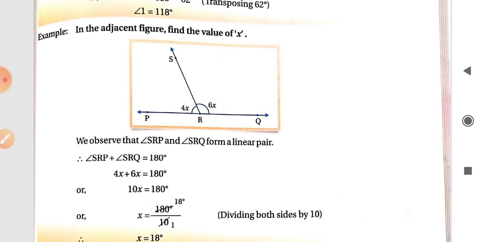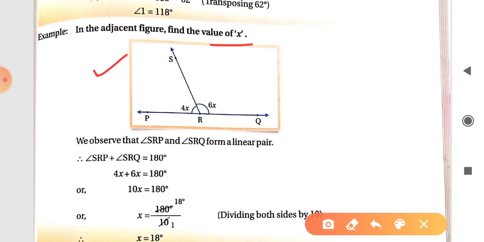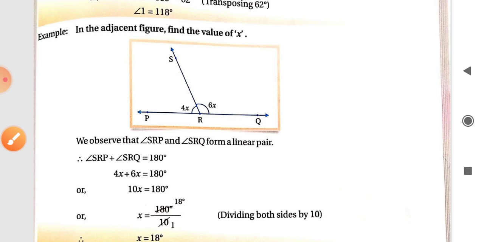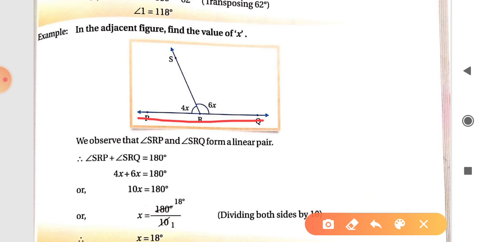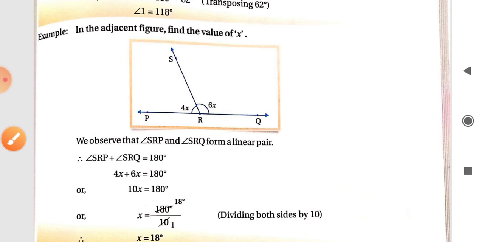There is one more example. In the adjacent figure, find the value of x. In the figure we can see that angle PRS and angle SRQ are adjacent angles, and they are forming a linear pair, because this is a straight line.